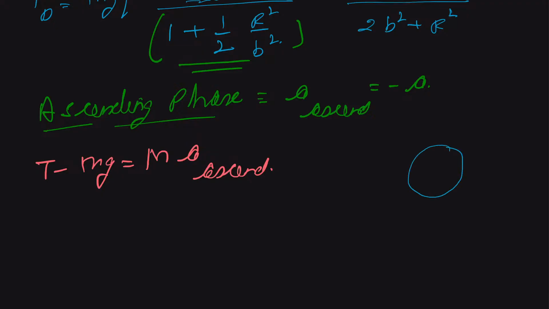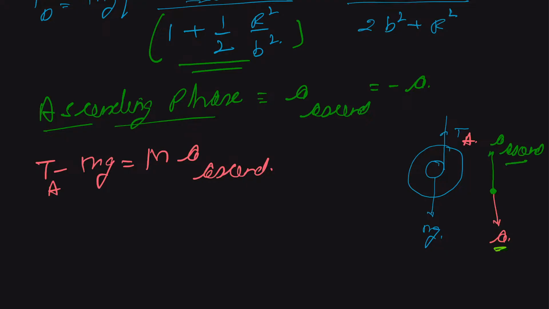I can draw an approximate one. So we have our tension T and we have our mg in the downward direction, and this is ascent, so let us call this T A. The previous acceleration in the first case was in the downward direction, which was a, and in this case the acceleration will be in the upward direction, which we have assumed as a ascent.